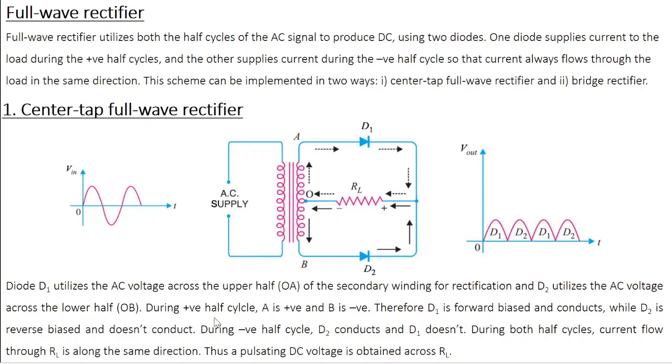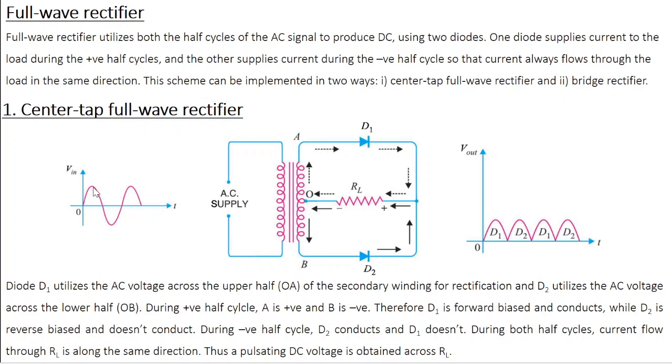Now, what happens during the positive half cycle of the input signal? Here you can see that since D1 is connected to the upper half, the input voltage of D1 is going to be the voltage across the upper half OA of the transformer. And since D2 is connected to the lower half, the input voltage of D2 is going to be the voltage across the lower half OB.